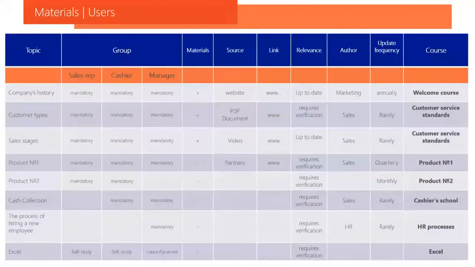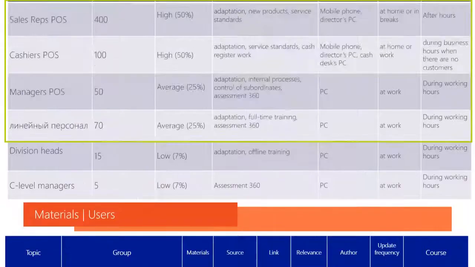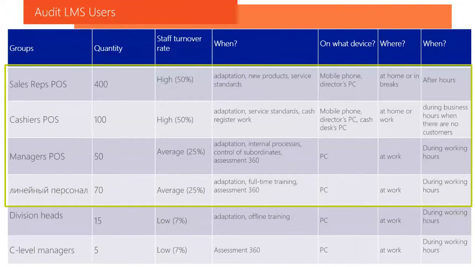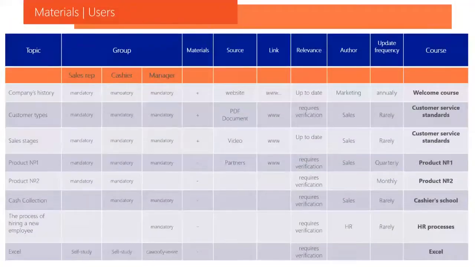And the second one: when you do have this table with your groups of users, you can build the matrix. You have groups of users, topics that you think they have to know, and learning courses. So you plan some learning courses that will be in the time period of the employee journey.